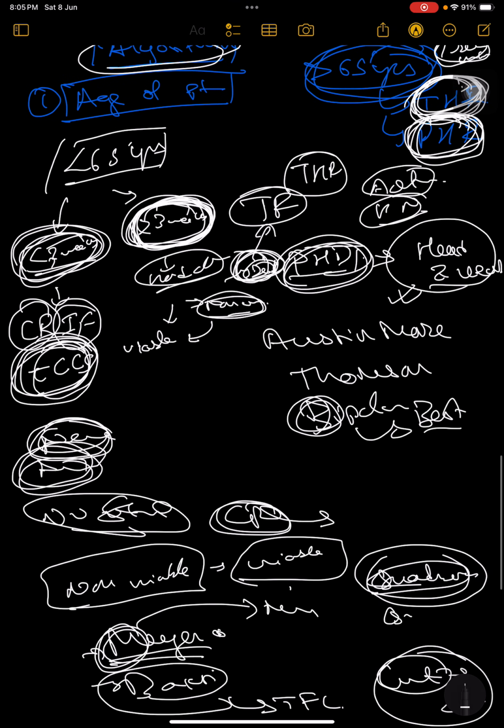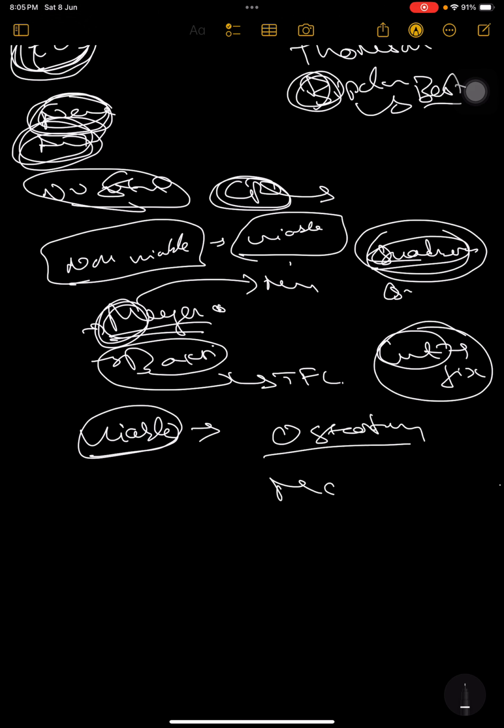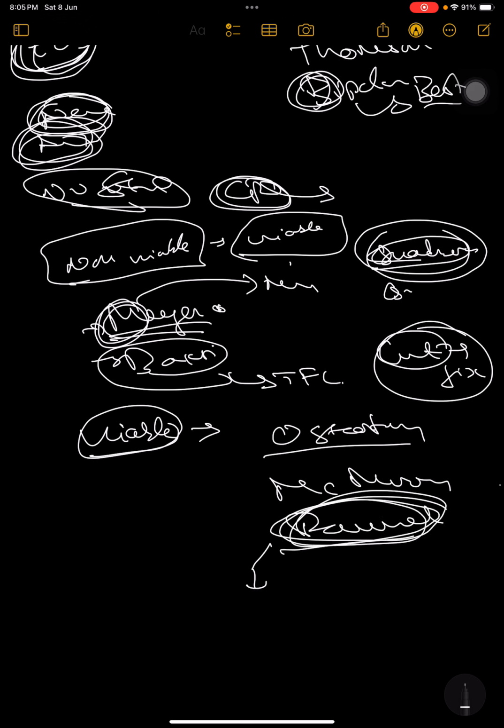But if it's viable, what will we do? The head is viable, it's good. So you can go for osteotomy. You can go for either McMurray's osteotomy or a Pauwels' osteotomy. If you go for a Pauwels' osteotomy, you are decreasing the Pauwels' angle.